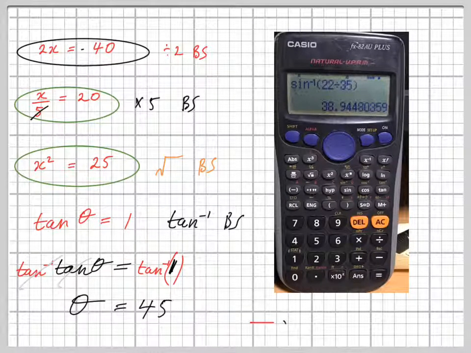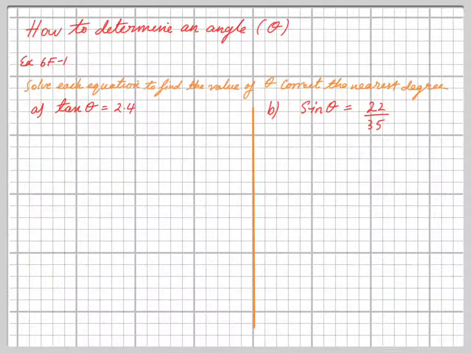What you would do is press shift, and once you press shift, you notice there's a tan inverse there. To get tan inverse, you need to make sure you press shift first and then tan, and that will give you your tan inverse. Okay, let's move on to the question.